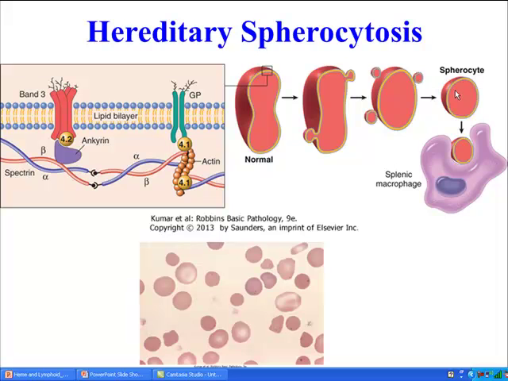These spherocytes are non-deformable, and so they get trapped in the splenic cords and then phagocytosed by the macrophages in the spleen. So this is a peripheral smear. You can see that the red blood cells are darker in color, and in some of these cells you don't even see the central pallor that I showed you with a normal red blood cell.